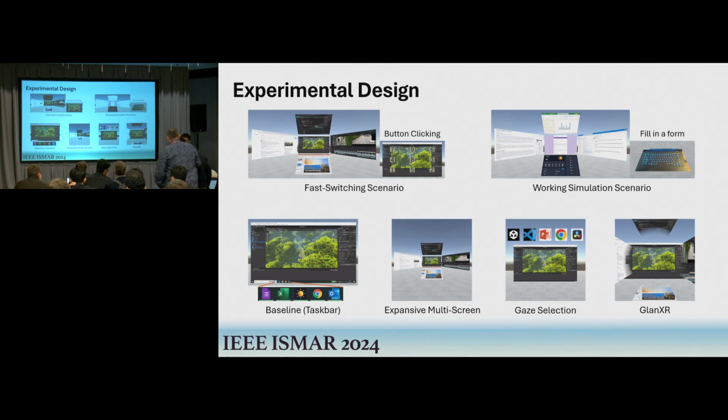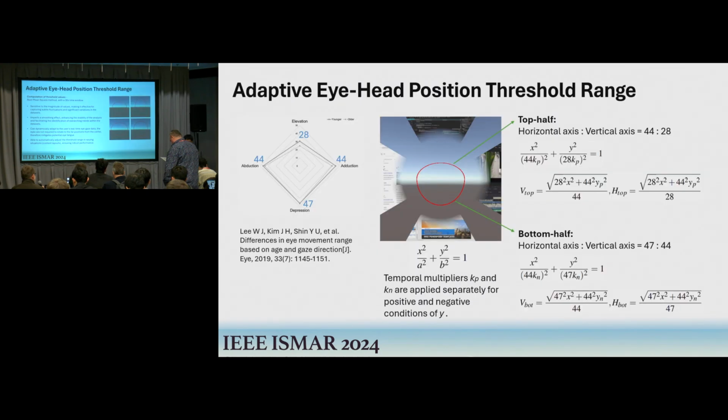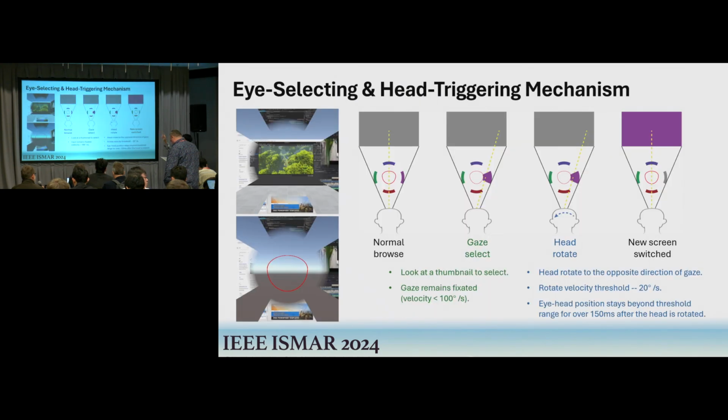I was thinking of using this method to navigate through virtual environments, as a trigger of locomotion. For this method, the user has to stare at a thumbnail to select. So I was thinking maybe I can change these thumbnails into buttons to go forward, go backward, turn left and right.